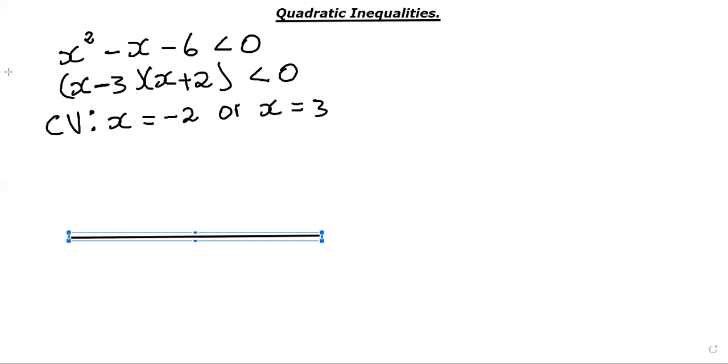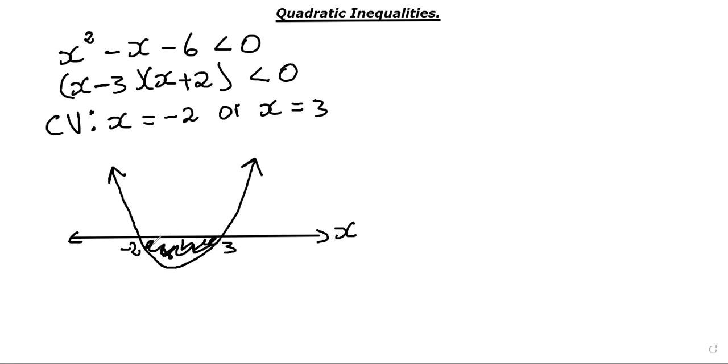Here we know that the value of a, which is the coefficient of x squared, is positive, so the function is facing up like that. And then here you'll say, well, this is -2 and this is +3. This is the x-axis, of course. So we can see that the function is below the x-axis between -2 and 3.